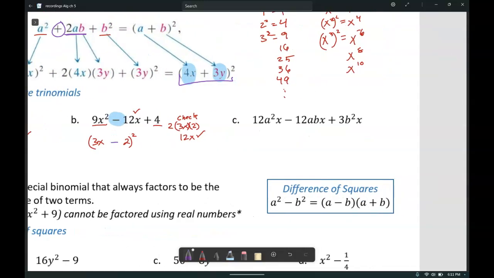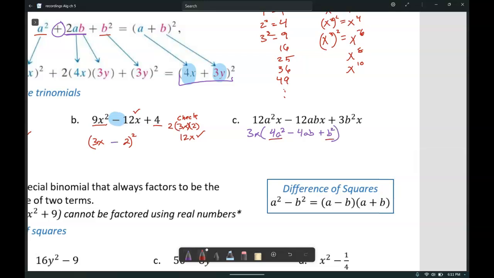Now here we look at our first and last term, and we see that, well, these are not squared quantities. However, we do notice that 12, 12, and 3 have a common factor, as well as x being a common factor. So we do have a GCF of 3x, which does adjust our trinomial to 4a squared minus 4ab plus b squared.